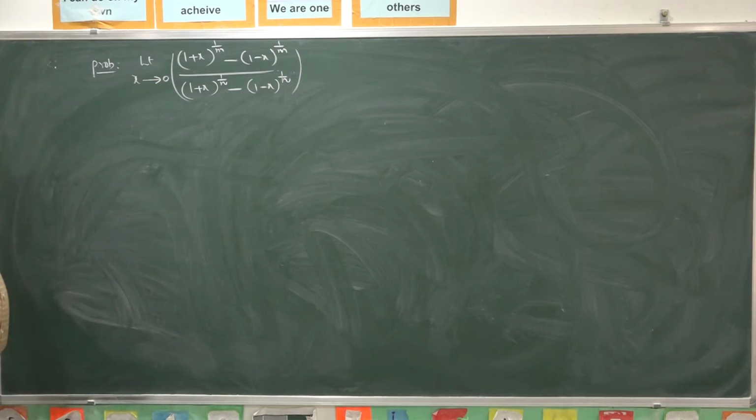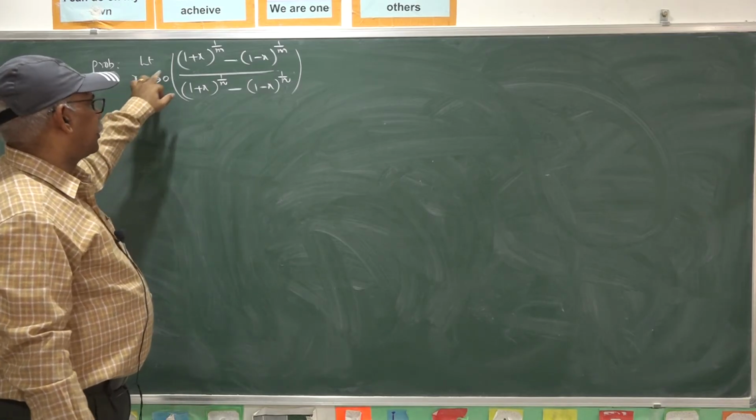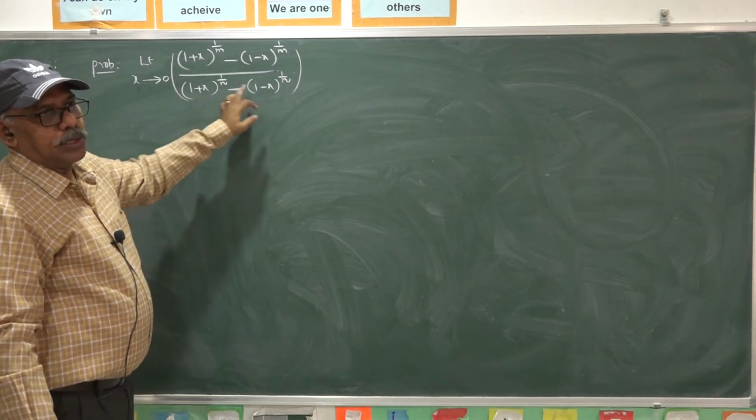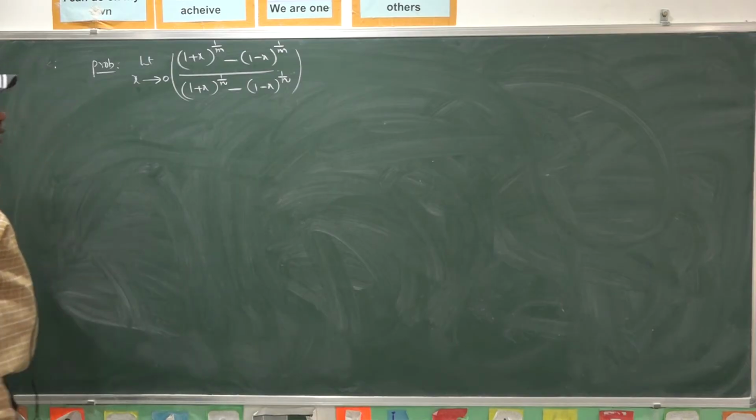Here also it is difficult to rationalize the functions. But as x goes to 0, this is 1 and this is also 1 clearly, 1 minus 1 is 0. The denominator is also 1 minus 1, 0, 0 by 0 form. It takes indeterminate form once you put x equal to 0 straight away.